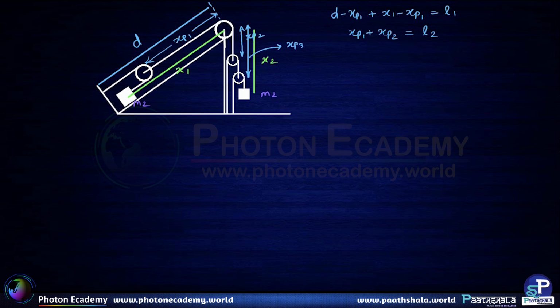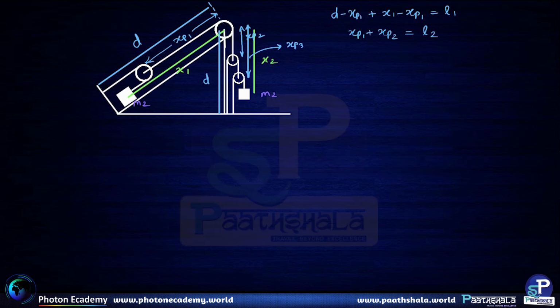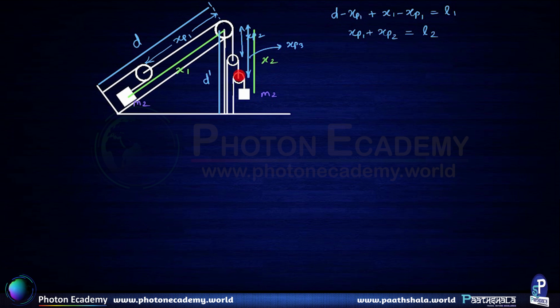Now for this particular string, we need to take a d dash, because whenever there are rigid supports involved, we take distances from the two rigid supports to be fixed, and here this is the distance d dash. So for the pulley P2, this is d dash minus xp2, and this much part happens to be xp3 minus xp2.